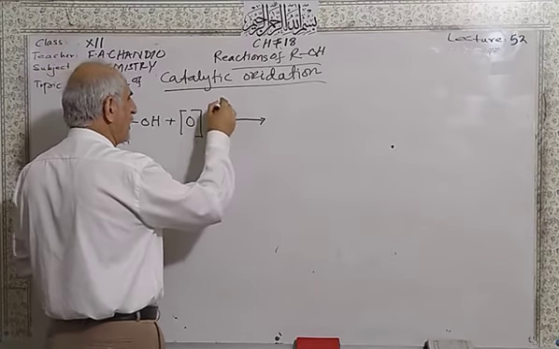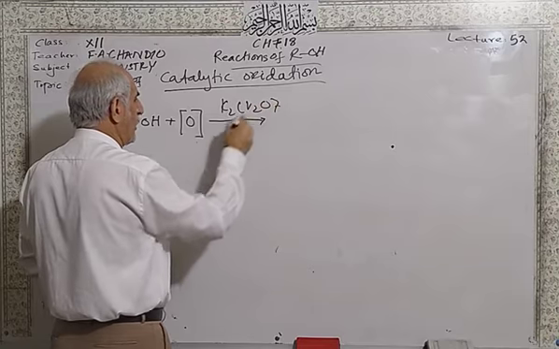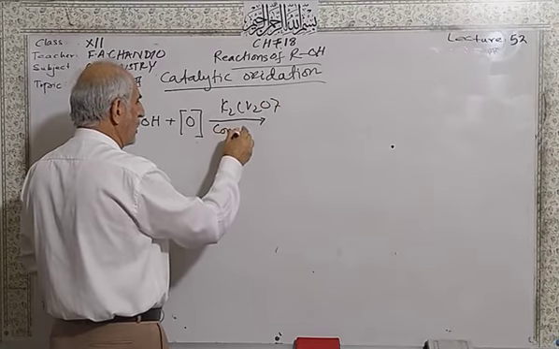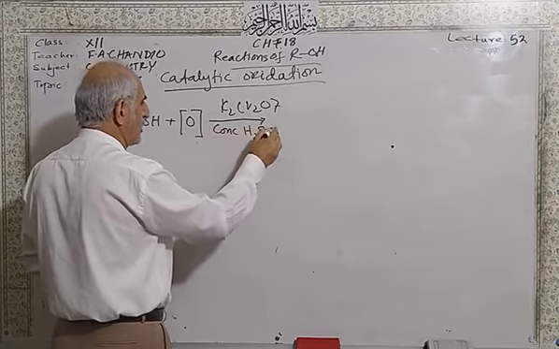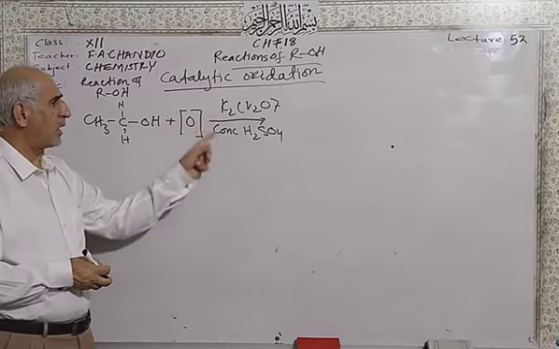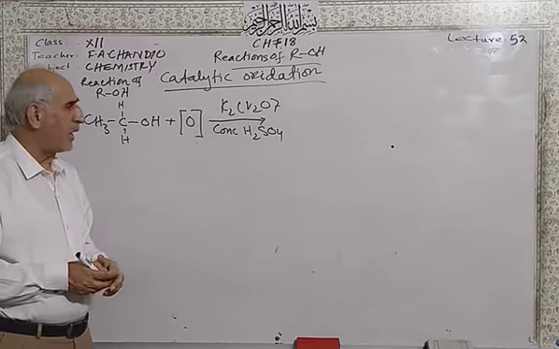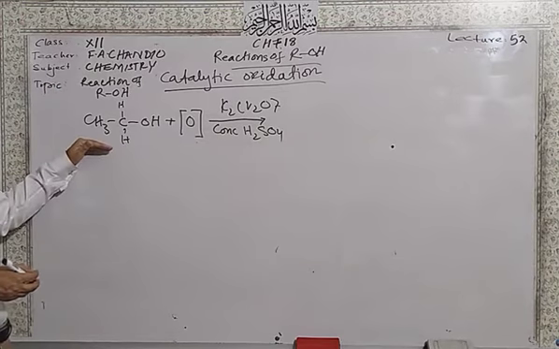So this nascent oxygen comes from potassium dichromate and concentrated sulfuric acid. Potassium dichromate and concentrated sulfuric acid are going to react to give nascent oxygen, and the alcohol is already here.